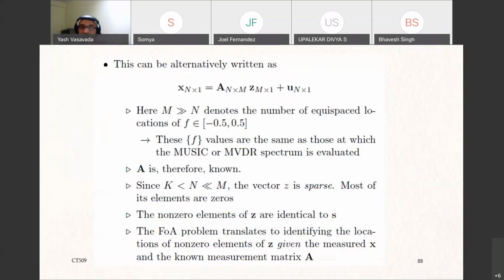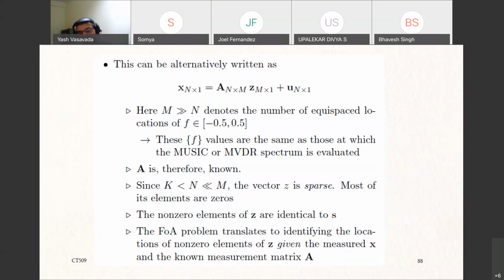You can forget that this is a spectrum sensing problem. This can be any compressive sensing problem. And you know that compressive sensing is applicable in domains other than the communication domain.